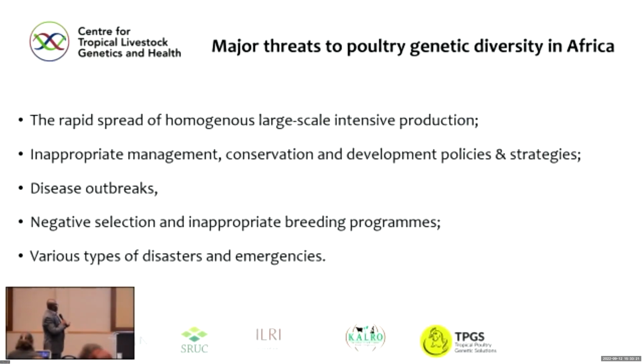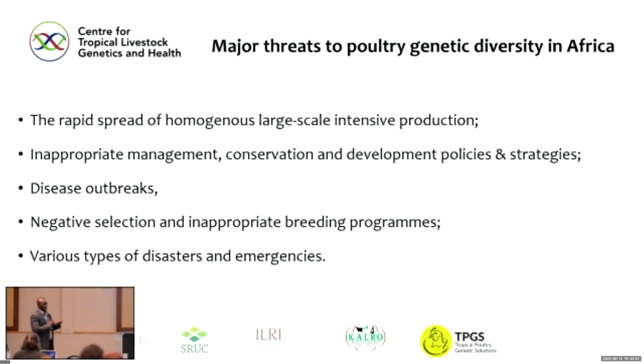So with this diversity and what we have, we recognize also that there are major threats that these genetic resources are undergoing. We have the rapid rise of homogeneous large-scale intensive production, as I mentioned. And most importantly, we have inappropriate management of what exists. Locally, very poor or no conservation programs, and no appropriate policy to make sure that the genetic resources are well managed.